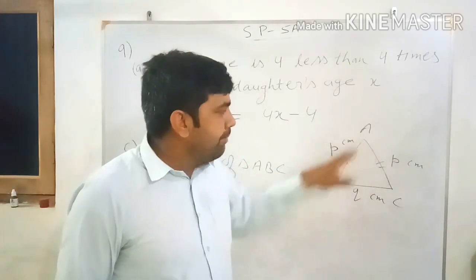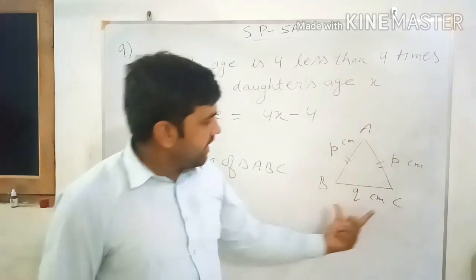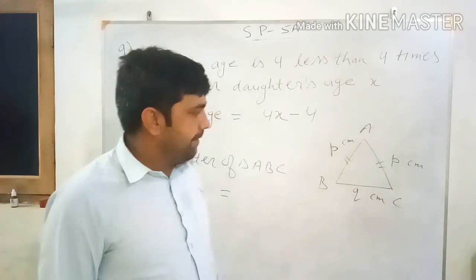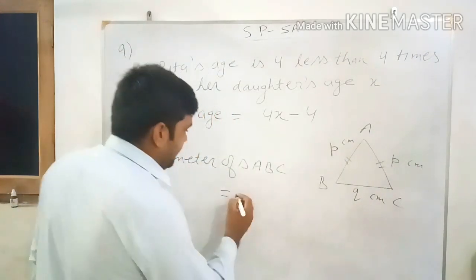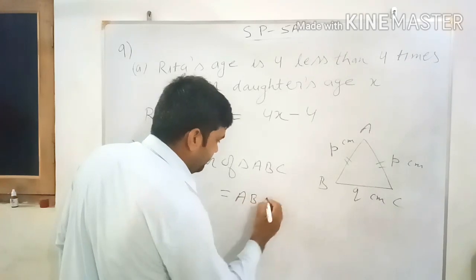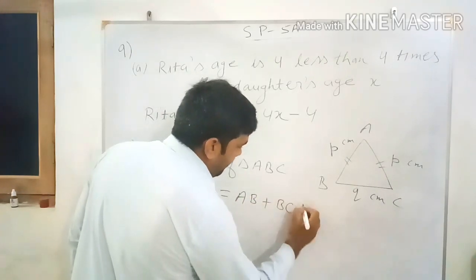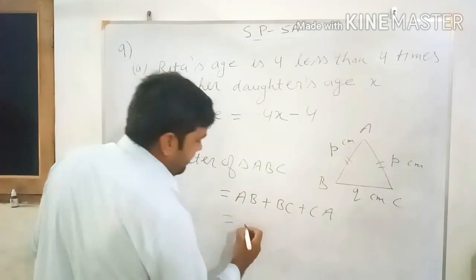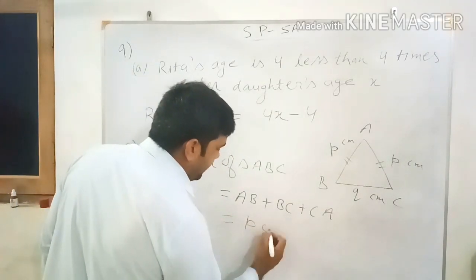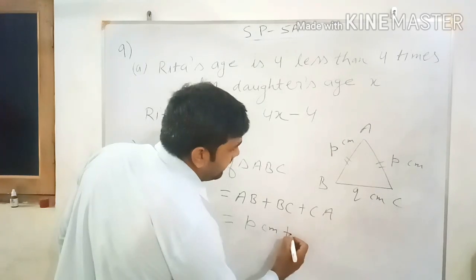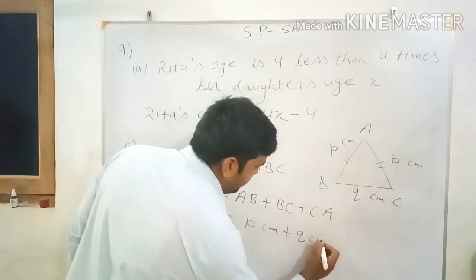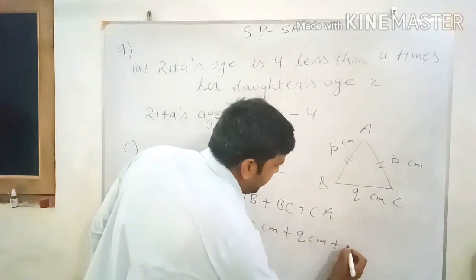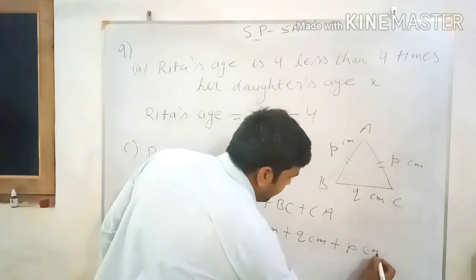The triangle has three boundaries: first AB, second BC, third CA. So AB plus BC plus CA. Now put the values. AB is p centimeter, BC is q centimeter and CA is p centimeter.